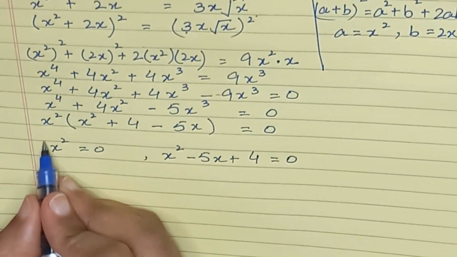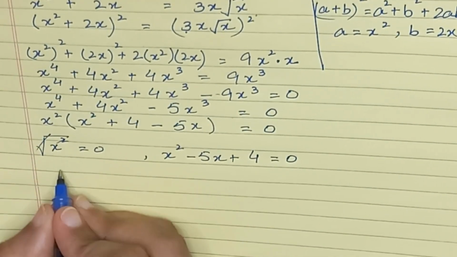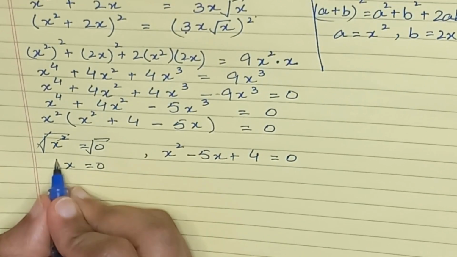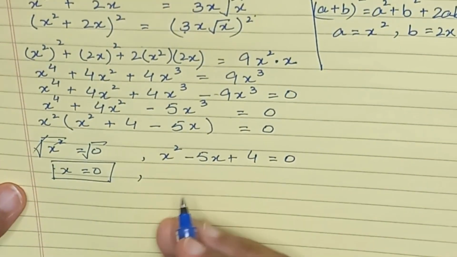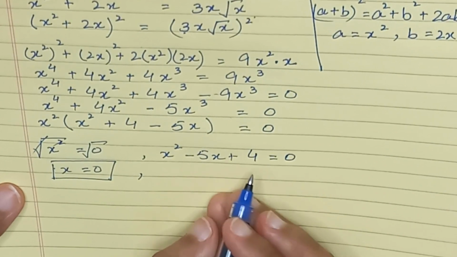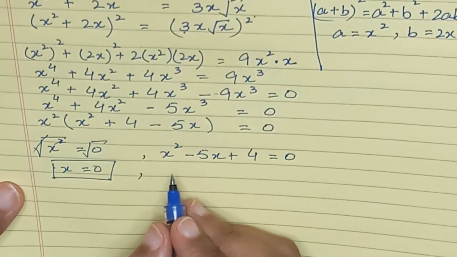From the first we take the square root on both sides, so x is equal to 0. The second case is a quadratic equation, so we will solve it by factorization.